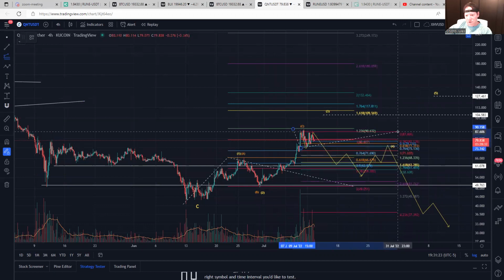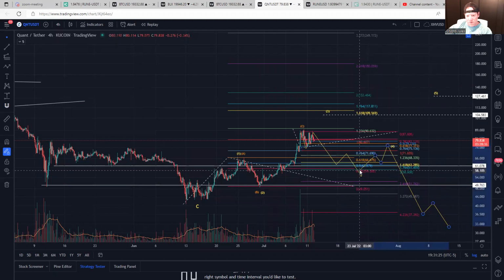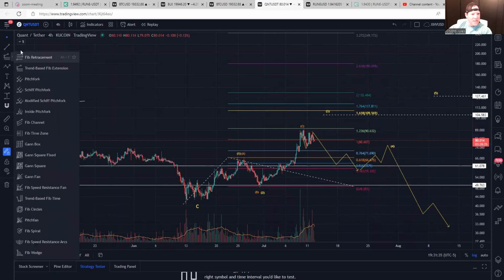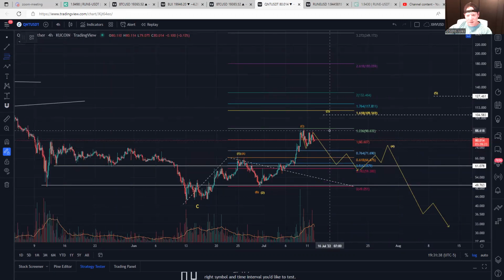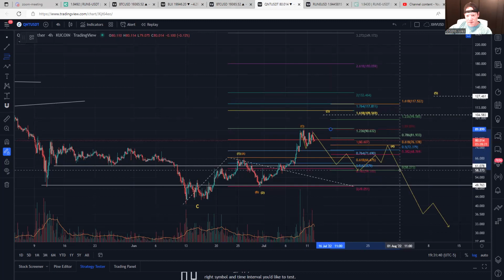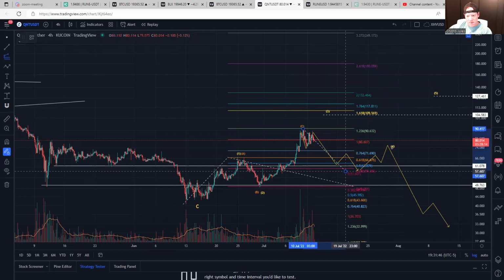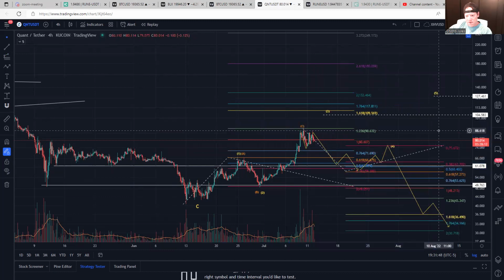All right, so we could assume that we're going to go to about 58.77 if we end up getting rejected. That actually lines up well. Oh, look at that.